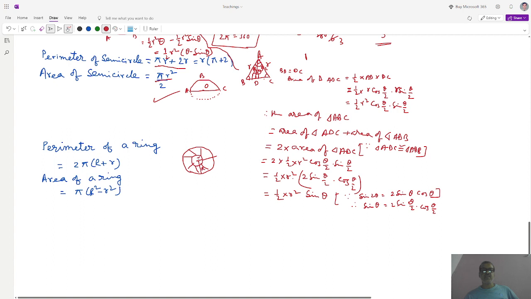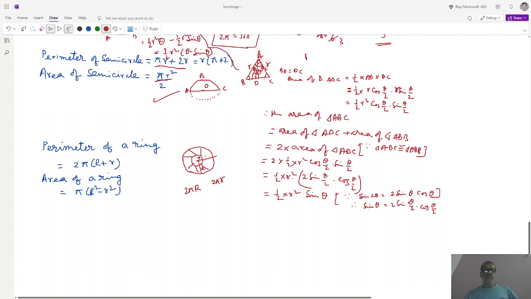Let the inner radius be small r and the outer radius be capital R respectively. Then the outer perimeter of this ring equals 2 pi capital R and the inner perimeter, or circumference of the inner side of the ring, is equal to 2 pi small r.